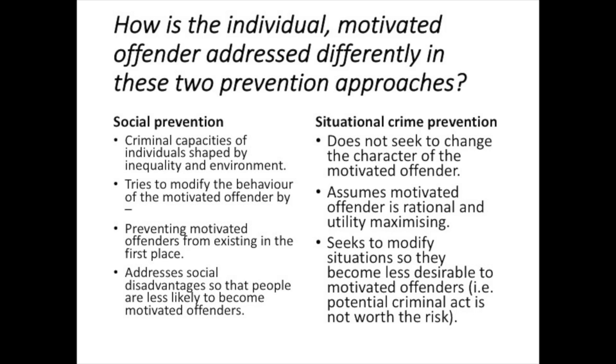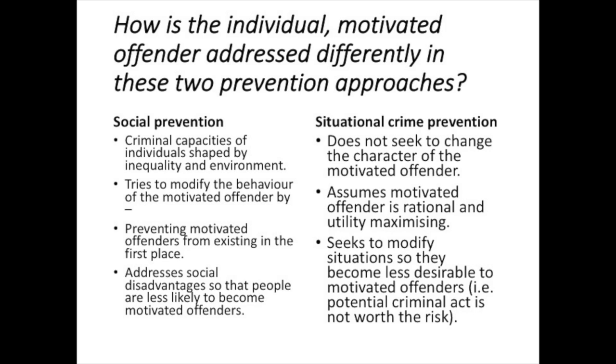So social prevention, based on this assumption, tries to modify the behavior of the motivated offender. It's trying to reshape that person in a way. But more specifically, it's not trying to reshape an existing motivated offender, it's trying to prevent them from actually existing in the first place. So it seeks to address social disadvantages so that people are less likely to become motivated offenders, so that corner of the triangle, the motivated offender in Felson's triangle, just doesn't exist anymore, right?